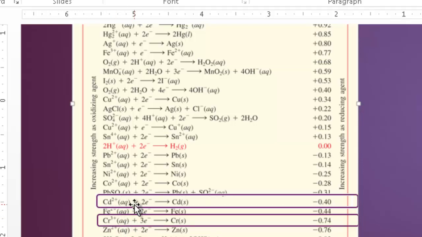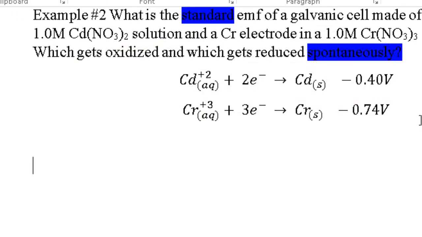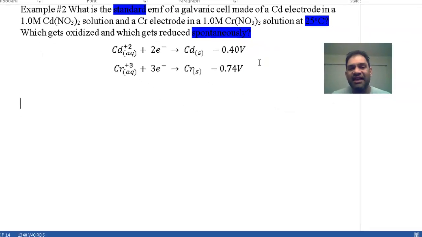So let's write these two half reactions and then figure out how we can get spontaneity, which is a positive voltage. I copied the two reduction potentials from the table. Spontaneous means we need to make the anode and cathode such that cathode minus anode will be positive.